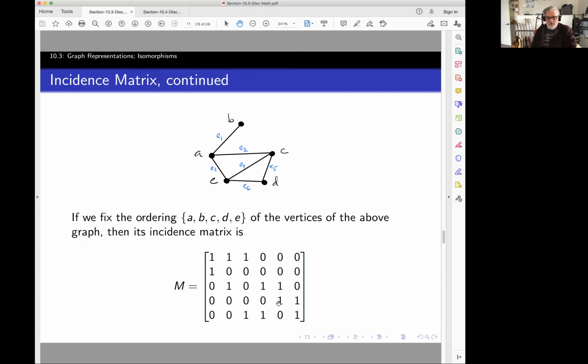How many ones are there in each column? There are 2 ones, right? Because that corresponds to an edge, and unless it's a loop, it's incident to 2 vertices exactly. So for example, E3 is incident to A and E.